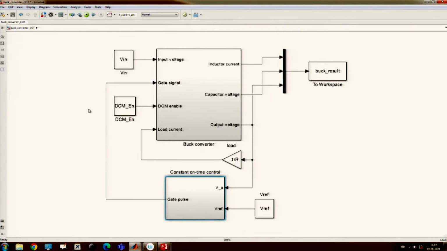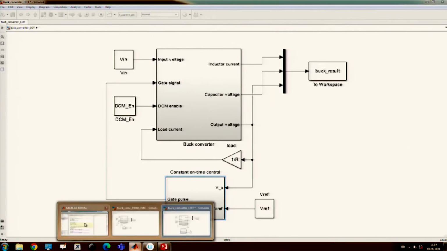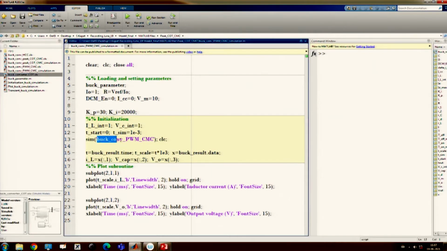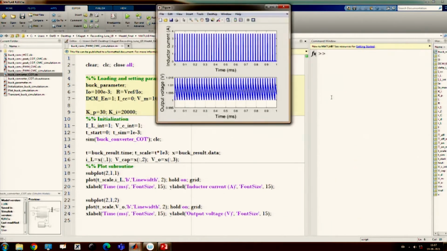So, we can check this simulation using this constant on time in the simulation model. We can set DCM enabled to be 1 under discontinuous conduction mode. We can use 100 milliampere current, and let us see how it works.